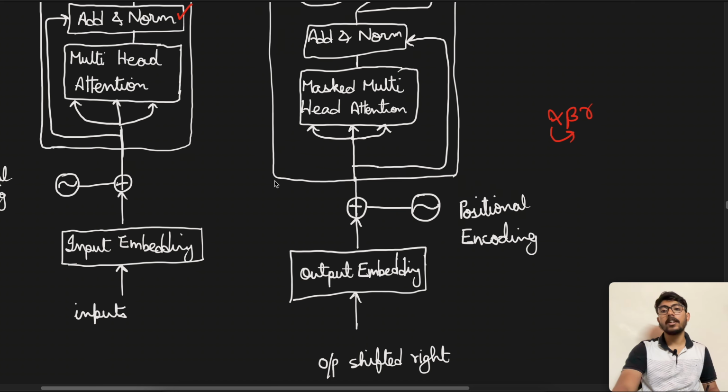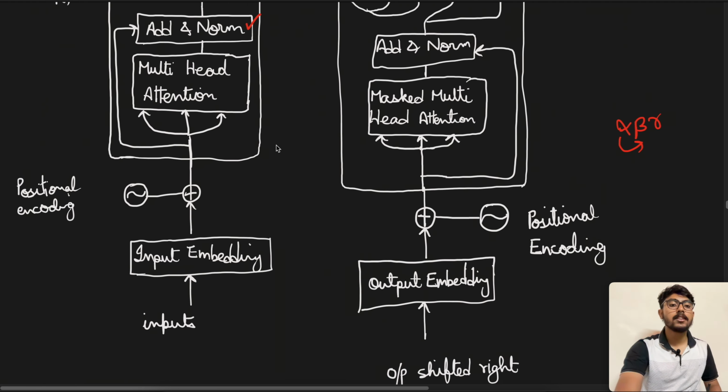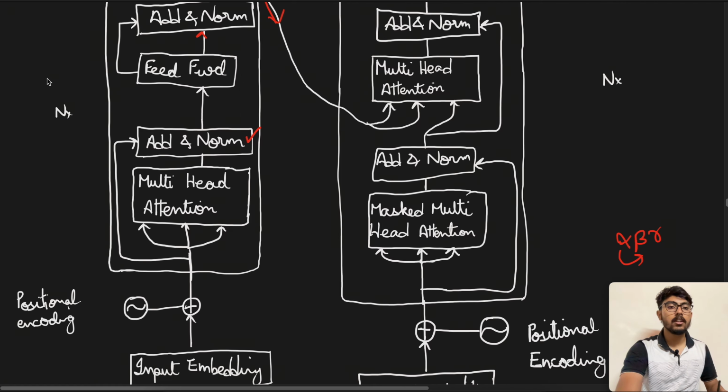So future information leakage is prevented by using masked multi-head attention and basically allowing for sequential generation of text, which we see in ChatGPT. Now one more thing which we need to keep in mind is this particular portion, this one is also called the encoder part of the transformer, and this one is called the decoder part of the transformer, right?